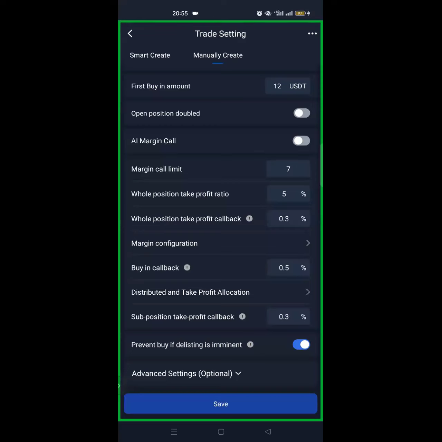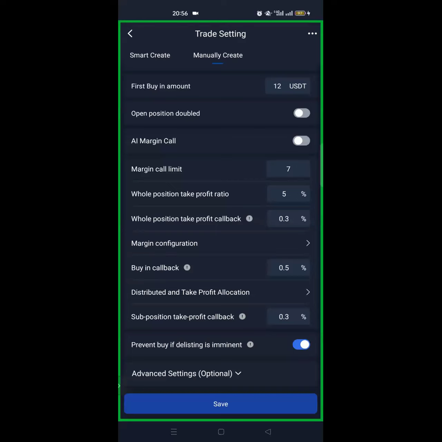So if your robot has bought up to the fourth call, for example, my first call, my second call, my third call, and my fourth call, what I will just be waiting for is for the coin to pump to 5%, because that's my take profit.